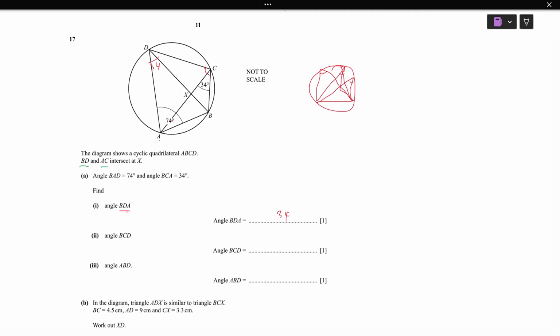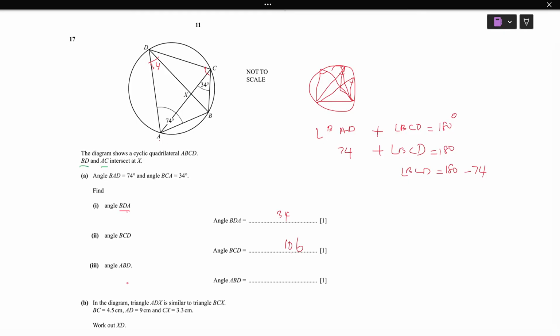So angle BAD plus angle BCD is 180 degrees because of cyclic. Already we know this is 74, so 74 plus BCD equals 180. So angle BCD equals 180 minus 74, which is 106.